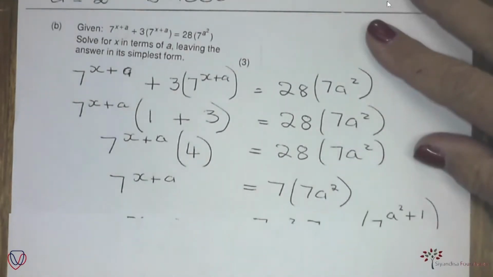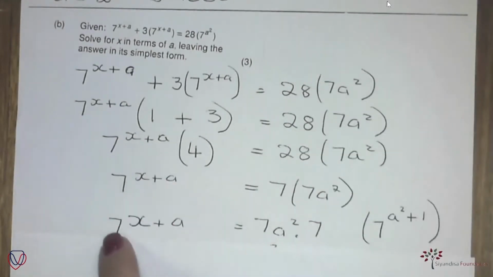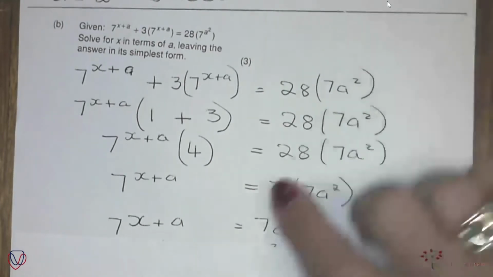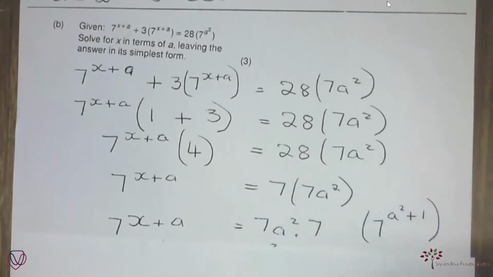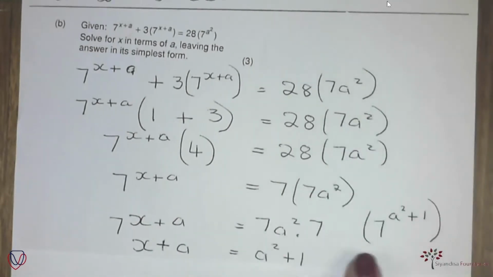So let's see what the answer here is going to be. On the left-hand side, we still have 7^(x+a), but there we have 7^(a²) times 7. So the 7s both have an exponent of 1. If there's no exponent, it is always 1. Right, people? So we can say that is 7^(a²+1). It's 7^(a²), 7 to the power 1.